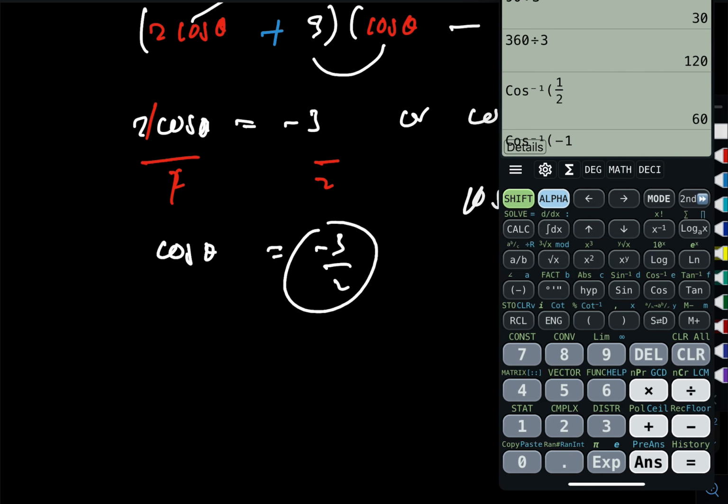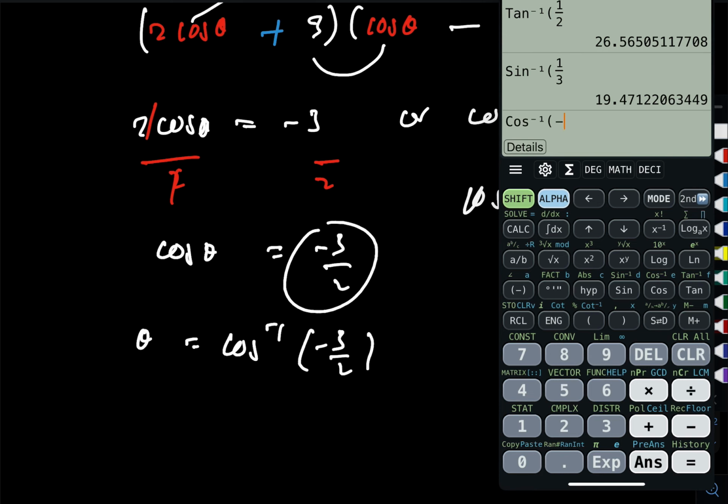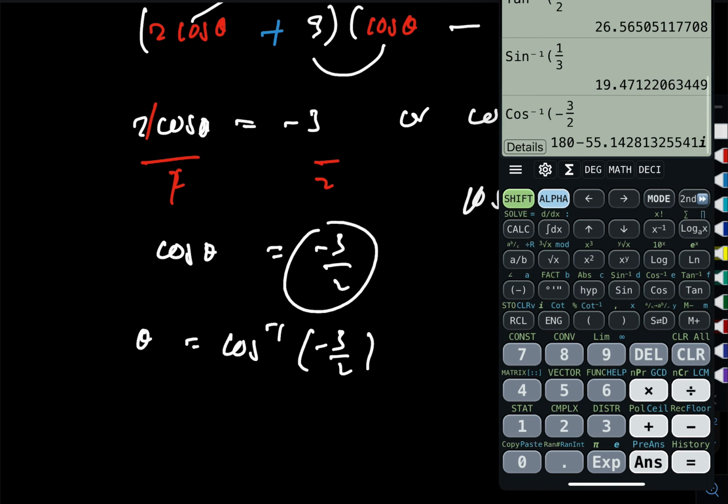So let's just go ahead and do that. Let's say we have shift cosine negative 3 over 2. What would that give us? So that's going to be cosine minus 3 over 2, or minus 1.5. Weather comes out strange on a calculator.